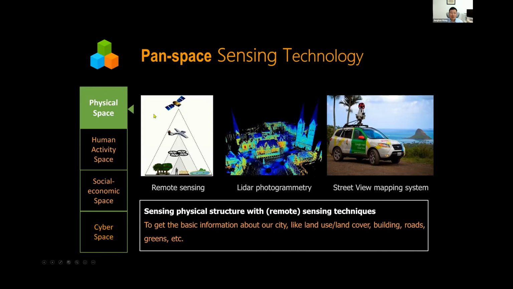The physical space is very easy, right? It means sensing physical structures using remote sensing techniques. The target is to get the basic information about our cities, like land use, land cover, buildings, roads, and greens.